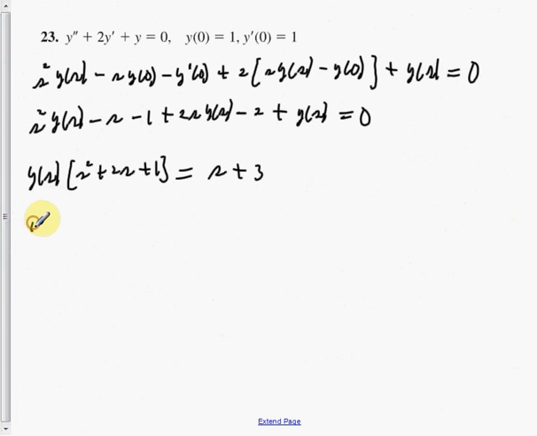Okay. So then I have Y of s is equal to s plus 3 all over, you can factor that guy while we're here, this is s plus 1 times s plus 1, or s plus 1 squared, if you will.